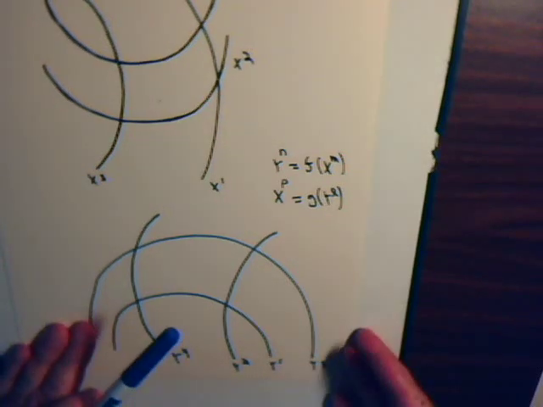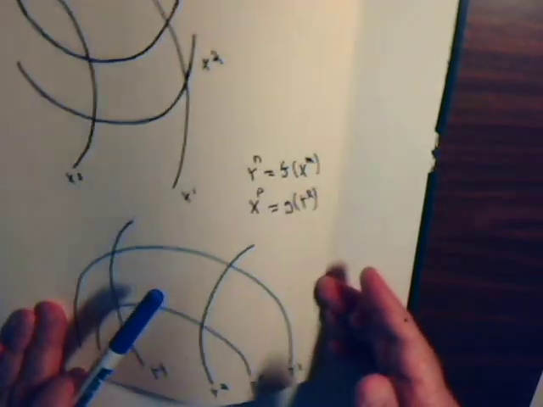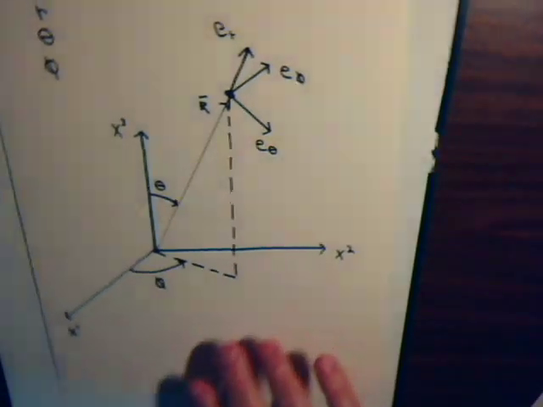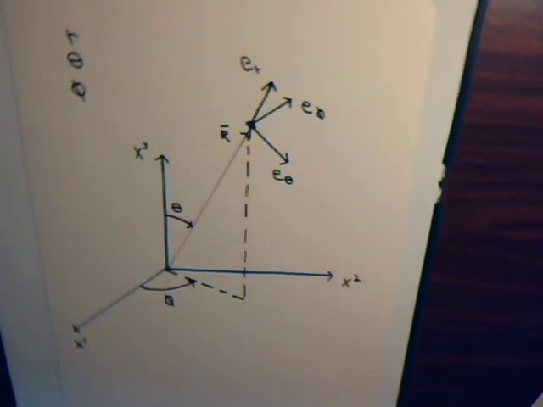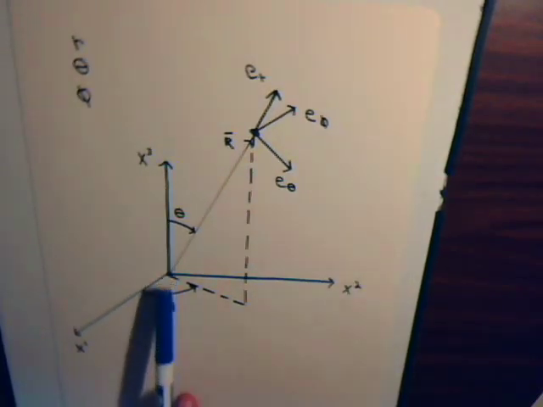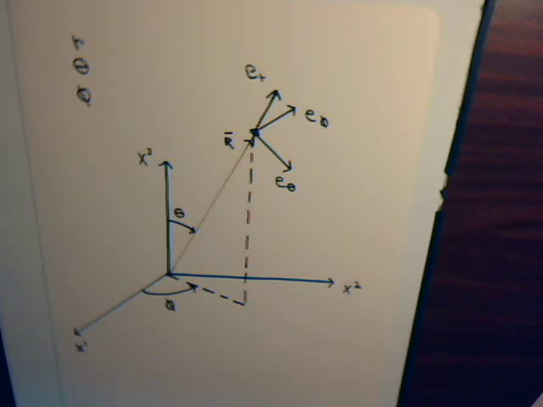For example, let's say that we have our spherical coordinates here. Let's say that that is our curvilinear system that we're interested in. Here then are the Cartesian coordinates, and notice how we have the axes labeled x1, x2, x3.